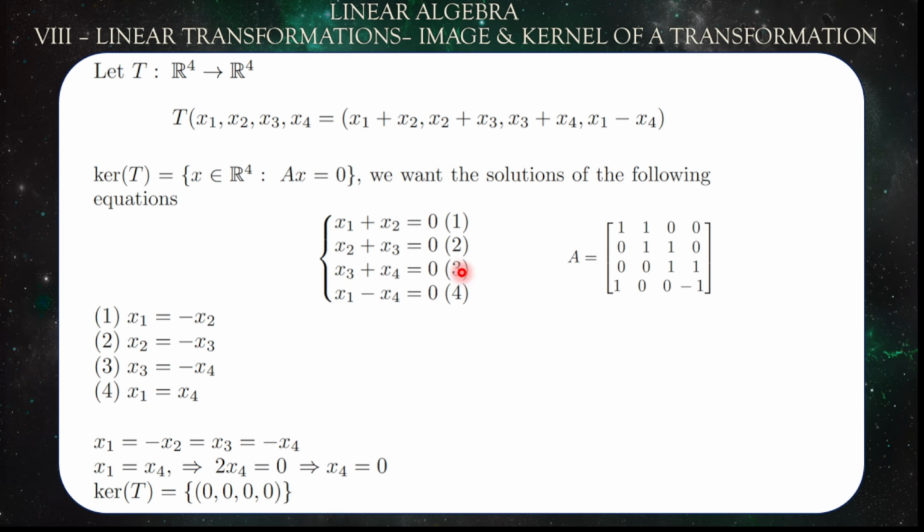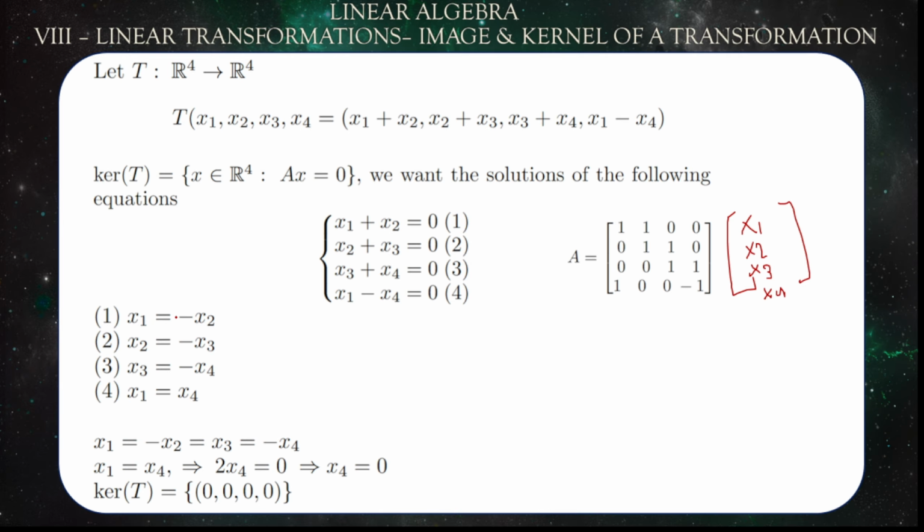4 equations. And by the way, another way to write this system of equations is to say Ax equals 0. If you multiply the original matrix with x, which is x1, x2, x3, x4 written in column format like that, you get this system of equations.